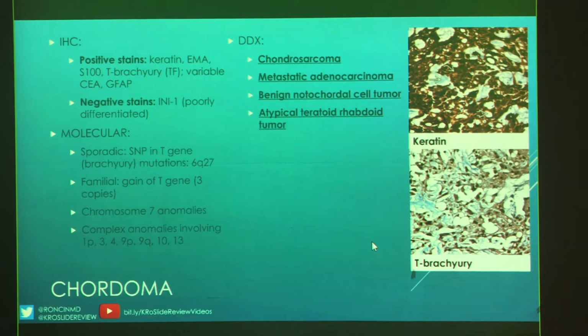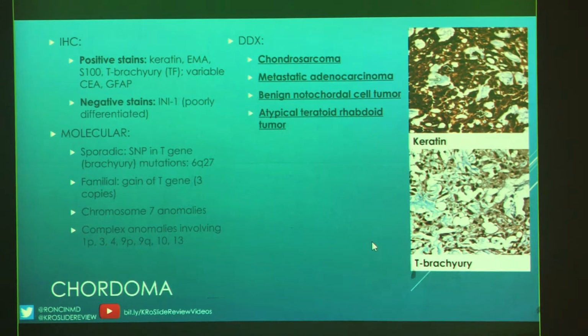For molecular, sporadic chordomas tend to have a SNP in the T gene, so that's your brachyury, which is located on chromosome 6 at locus q27, okay? Whereas familial tends to be a gain of that T gene, so instead of 2 copies, they tend to have 3 copies. There's been reports of chromosome 7 abnormalities and very complex karyotyping with chromosomes 1, 3, 4, 9, 10, 13.